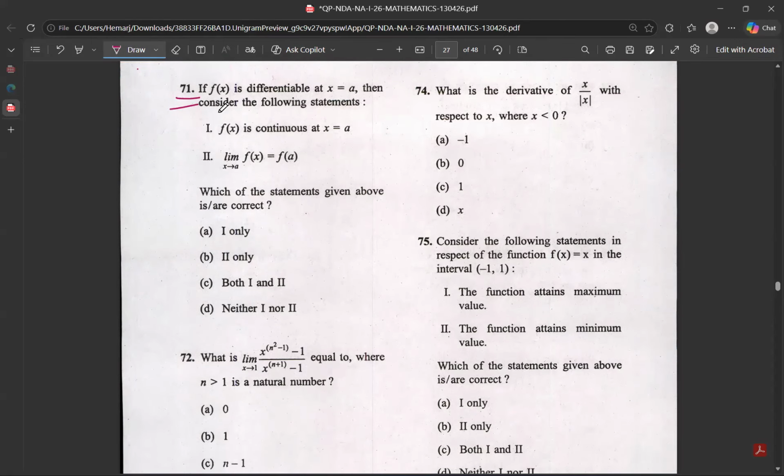So question 71, it says that if f(x) is a differentiable function at x equal to a, then consider the following statements. Statement 1 is f(x) is continuous at x equal to a. Statement 2 is limit x tending to a f(x) is equal to f(a). We have to tell which of the statements given above is or are correct.